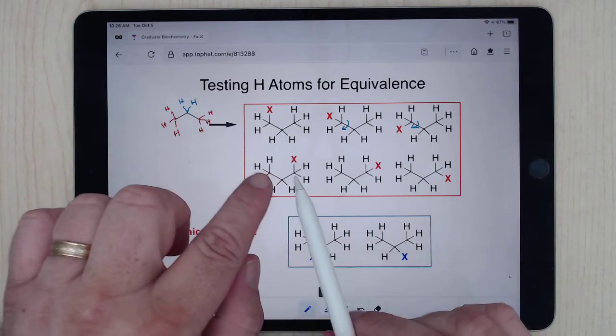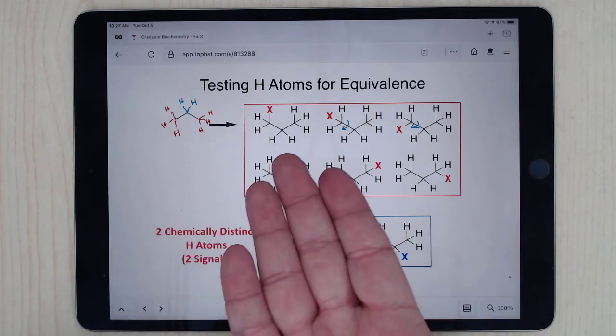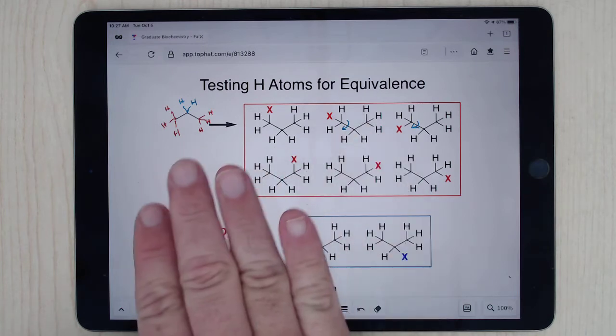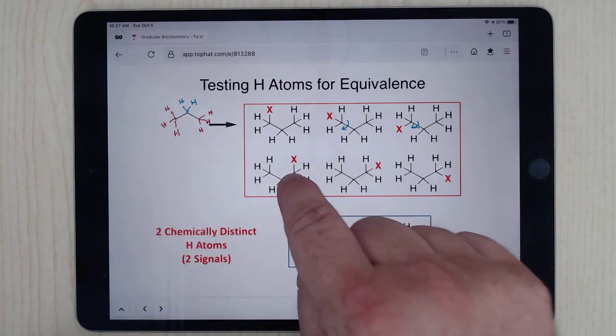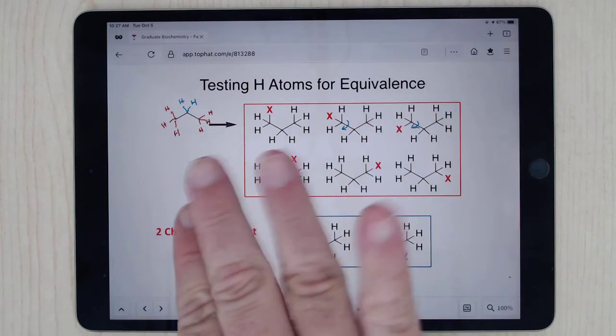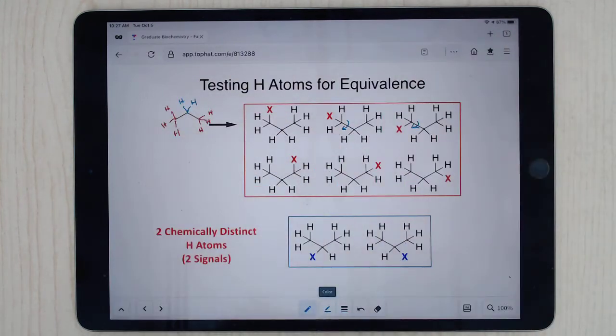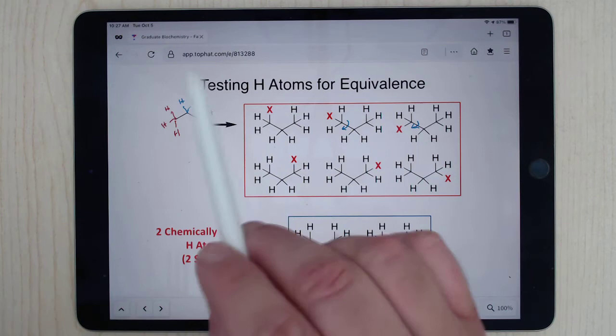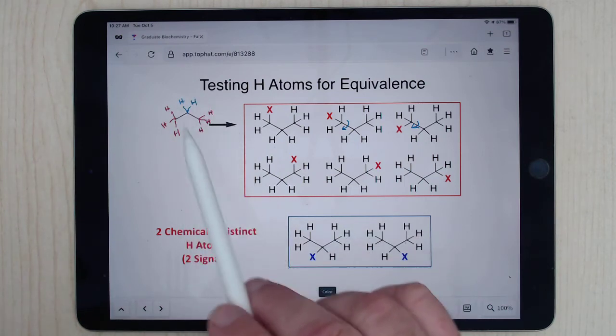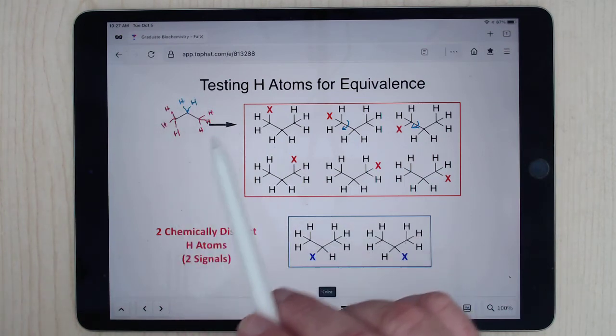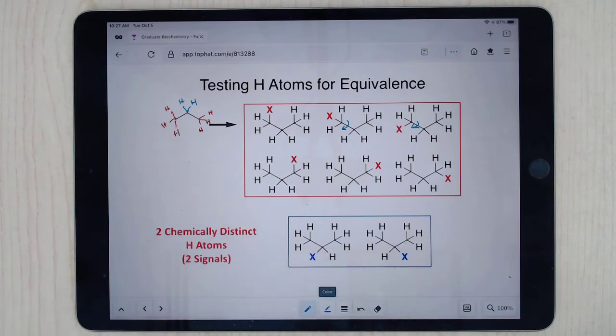For here, if you look at these 2, all it is is this structure flipped over. So I can turn this guy into that one by just doing a flip. Here you would rotate the bond and flip. That's fine. But it turns out, because there's some symmetry in this molecule, all of these red hydrogens would act as a set, and they would give a single signal that represented all 6 hydrogens.